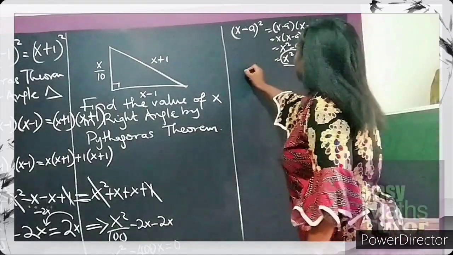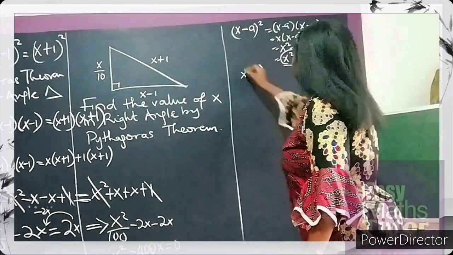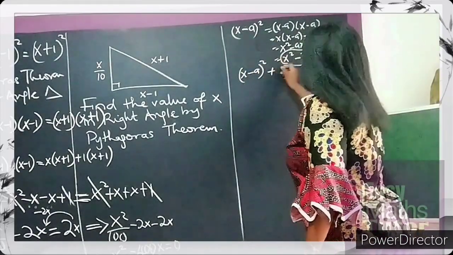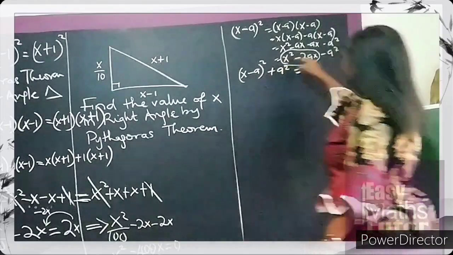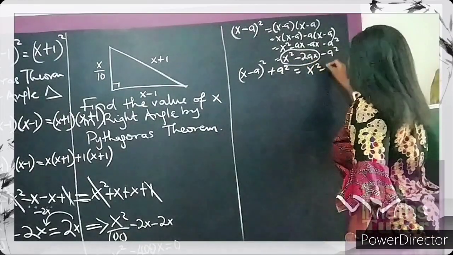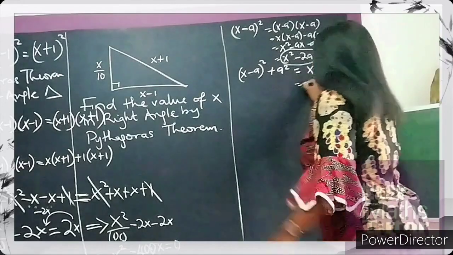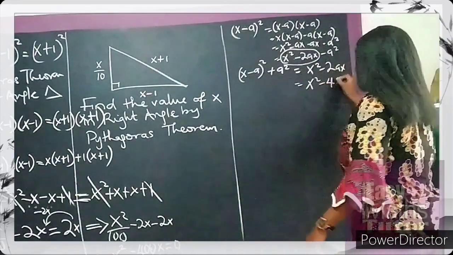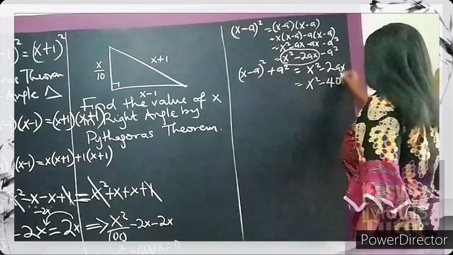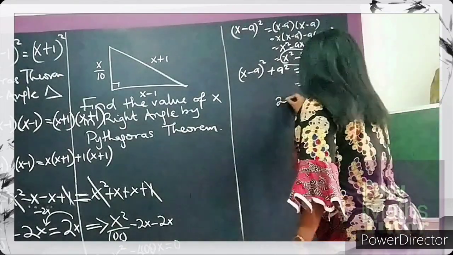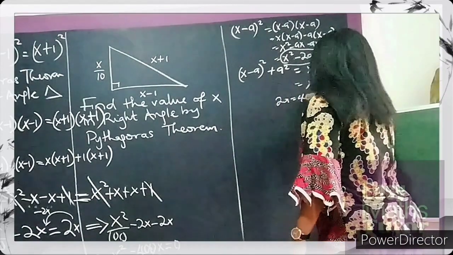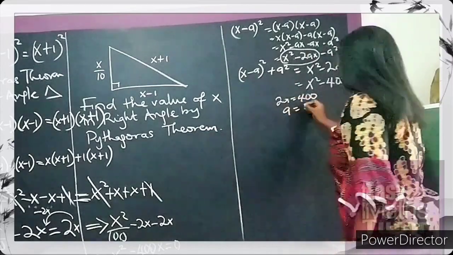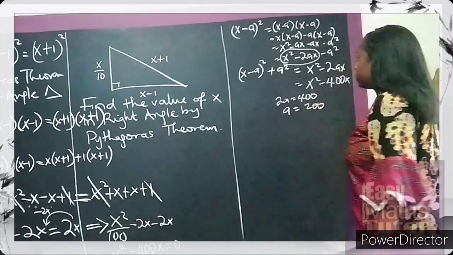If we do this, x minus a squared minus a squared, we will have x squared minus 2ax. We substitute this here, right? We will have x squared minus 400x. So let's substitute 2a equal to 400. Therefore, a is what? 200, right?